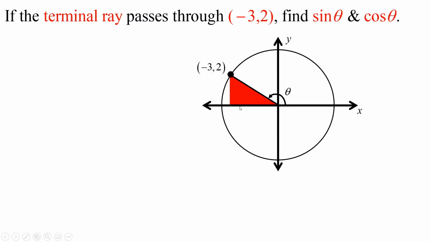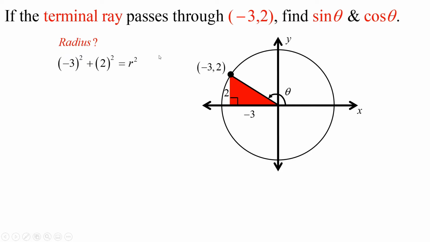This leg right here would be -3, and this leg right here would be my y coordinate, +2. Now I can find the radius of the circle with the Pythagorean theorem. a squared plus b squared equals c squared, so (-3) squared plus 2 squared equals the radius squared.